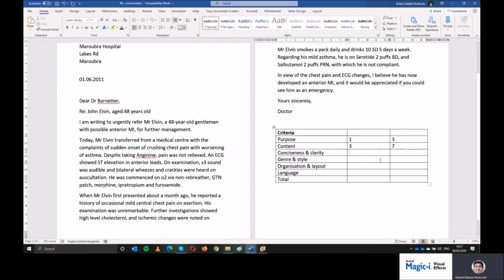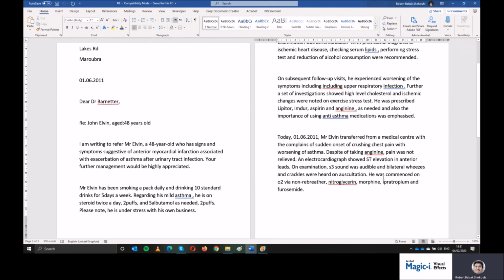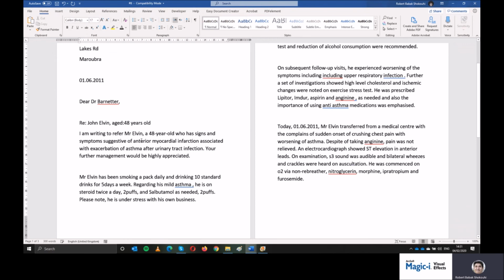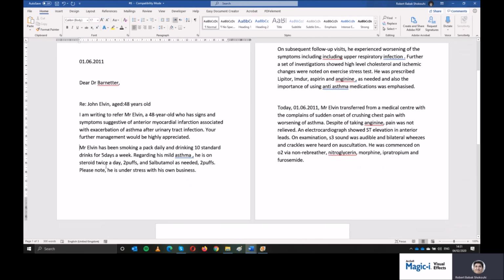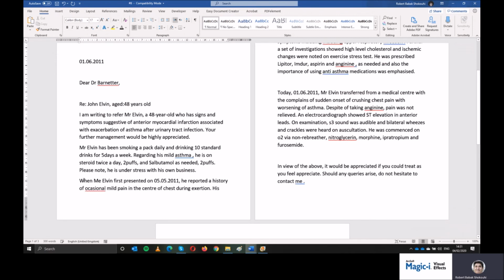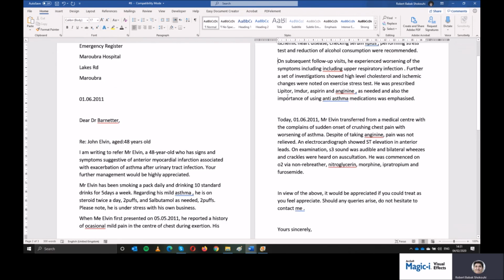Conciseness and clarity. Did you omit the extra or unnecessary information? And if you didn't, did it actually interfere with fluency and with speed? Yep, it did, I think.